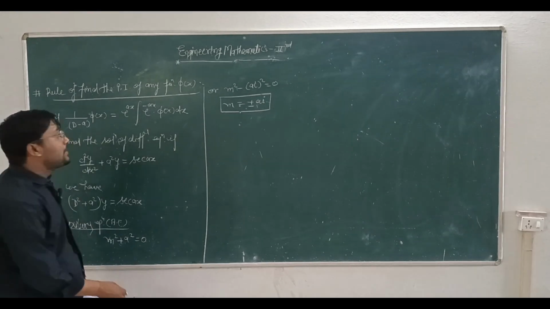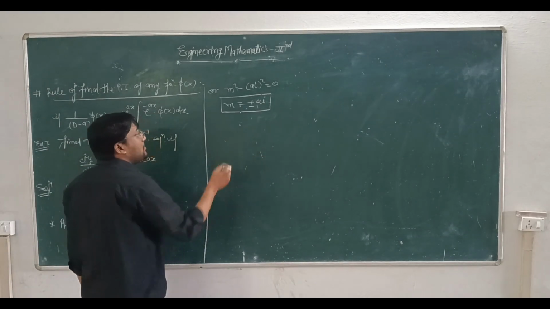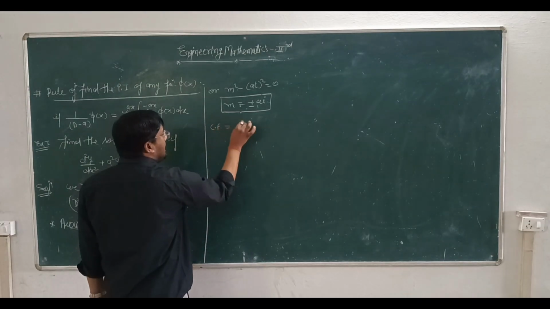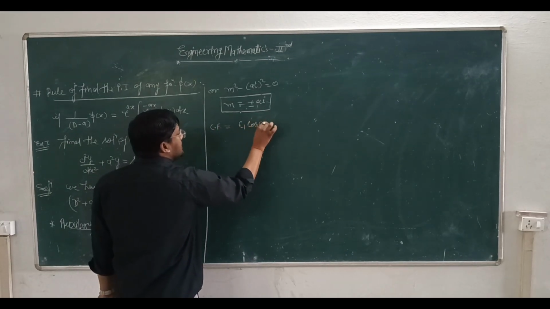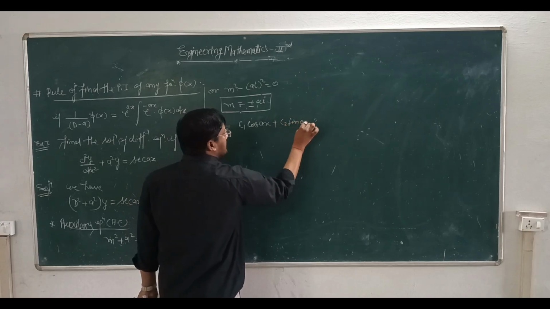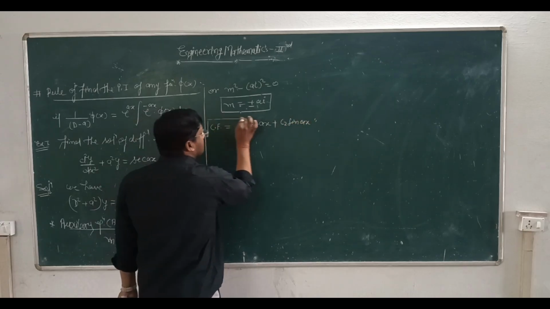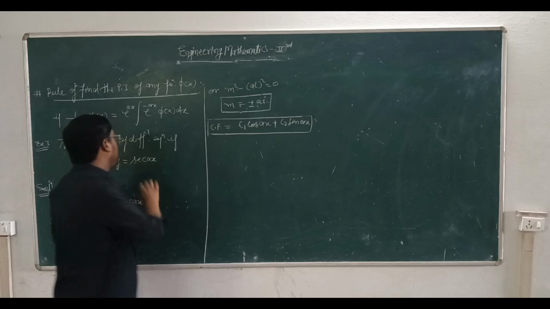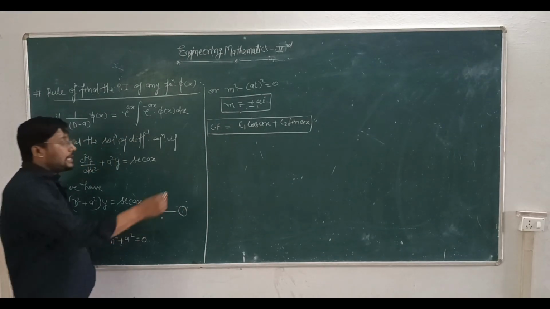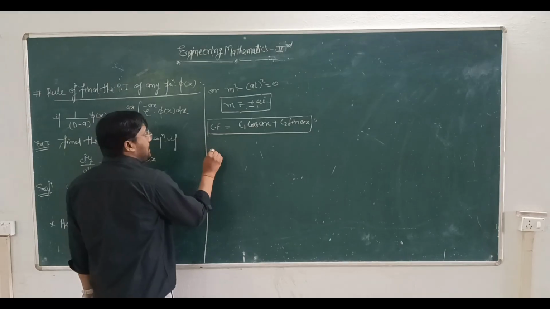Now you can write the CF of this equation: C1 cos ax plus C2 sin ax. This is your CF of the equation first. Now again find the PI, particular integral.